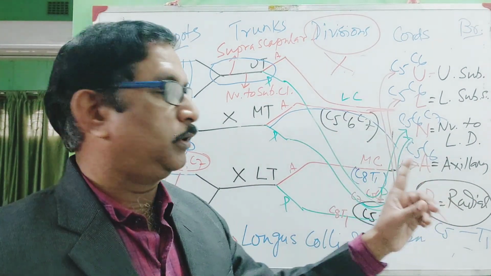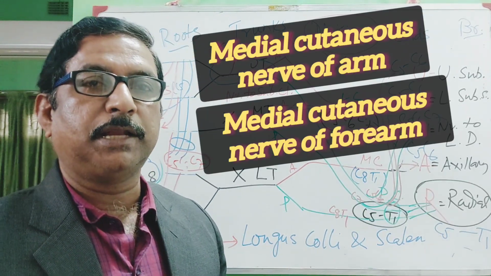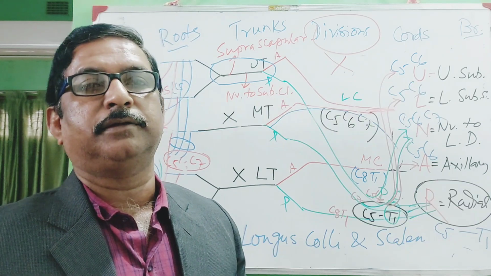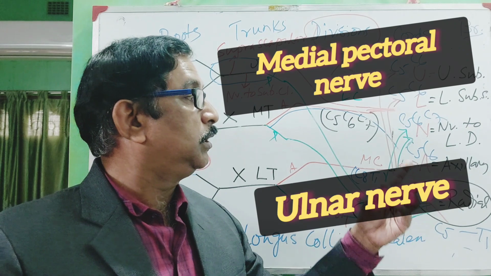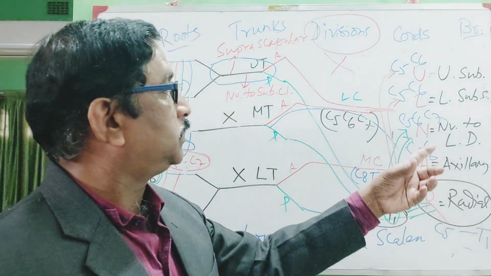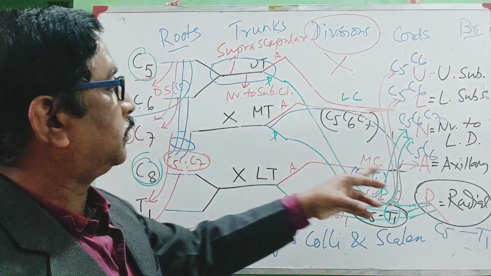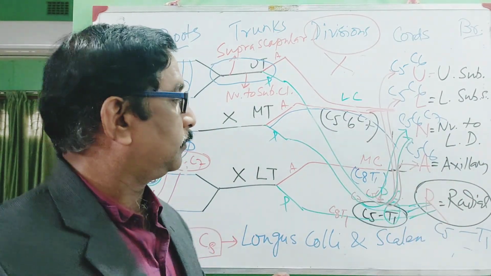The 4M are the medial cutaneous nerve of arm, medial cutaneous nerve of forearm, medial root of median nerve and medial pectoral nerve, and the continuation is the ulnar nerve. The root value of all the branches is C8 and T1, but for the ulnar nerve it is C7, C8 and T1.